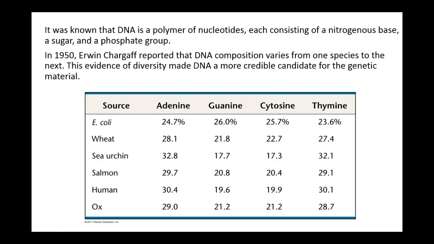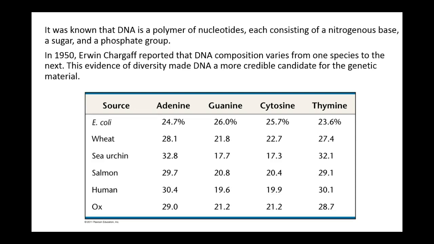But this man named Chargaff looked at the DNA and isolated the 4 different nucleotide bases. And what he found was, from species to species, the amounts of each were characteristically in a very common ratio.